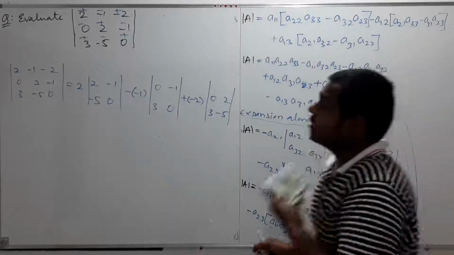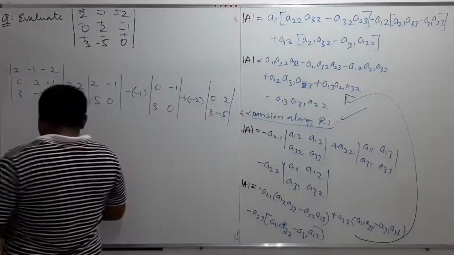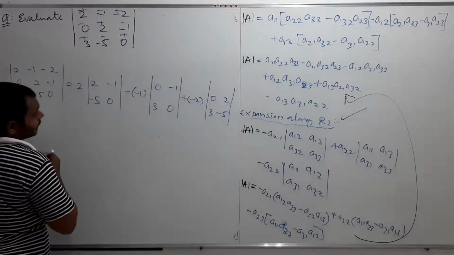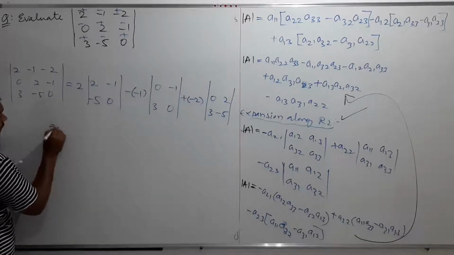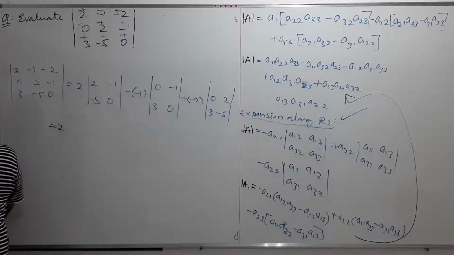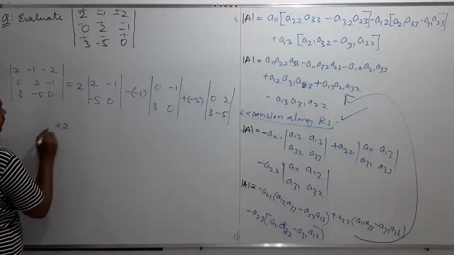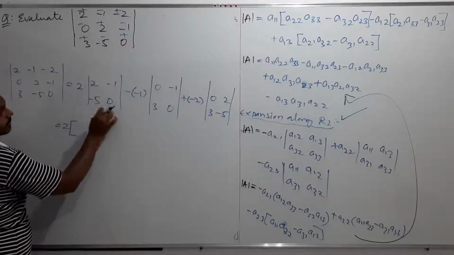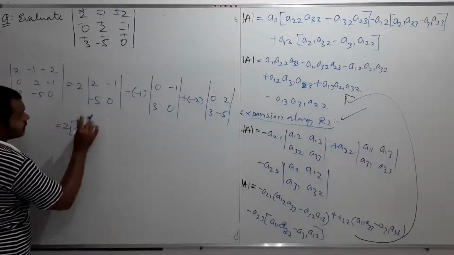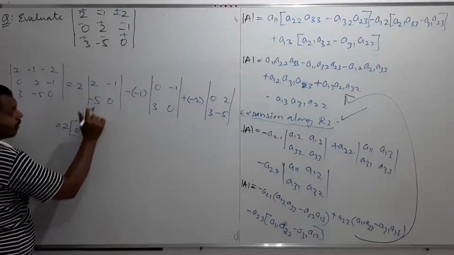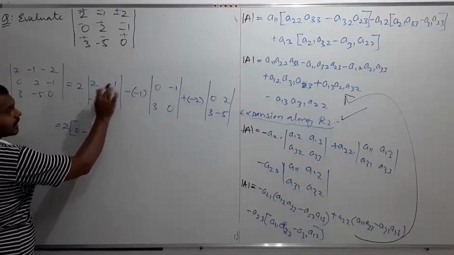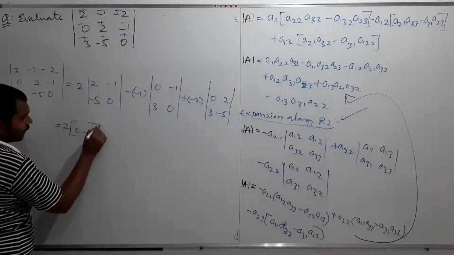Clear? So now this will gives you 2 into, is equals to 2 into, take the determinant of this. 2 into 0 is 0, minus of minus 5 into minus 5. Minus minus plus 5 into 1 is 5.